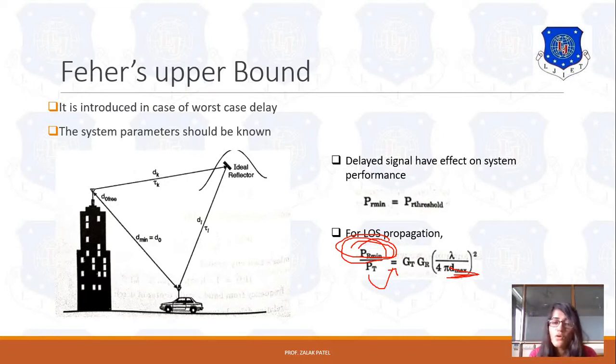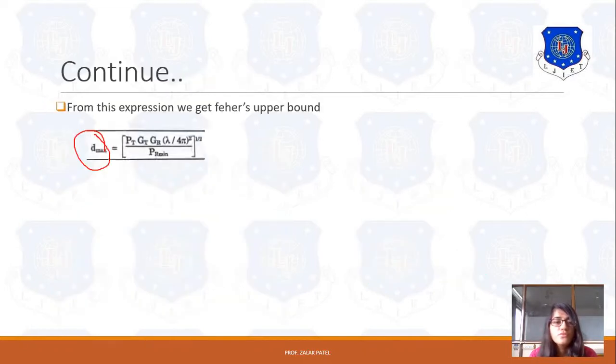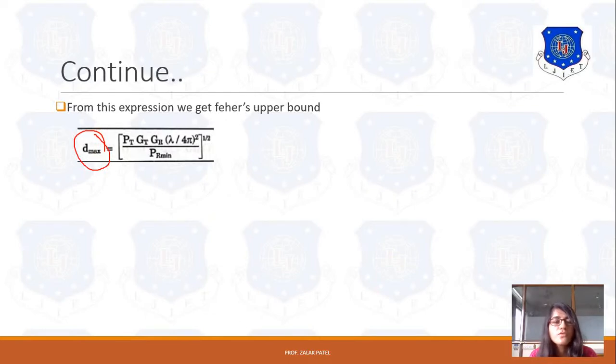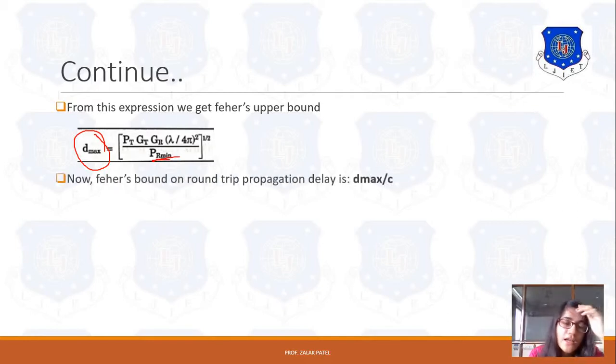So this is how you can find out the maximum distance between the transmitter and receiver. So here D max is equal to PT GT GR lambda upon 4 pi square raised to 1 by 2 upon PR minimum. You can also write P threshold level instead of PR minimum.